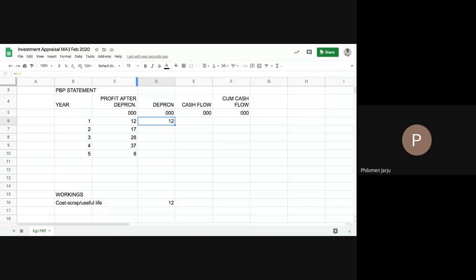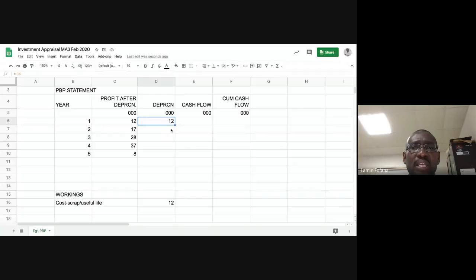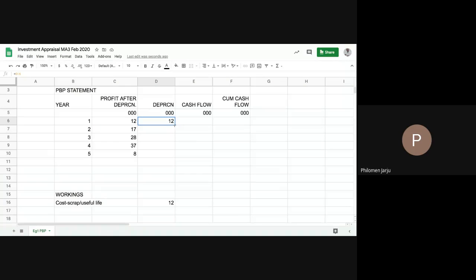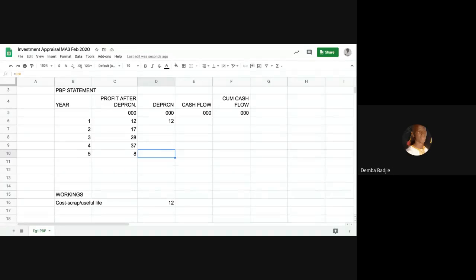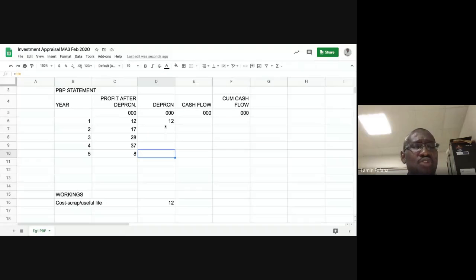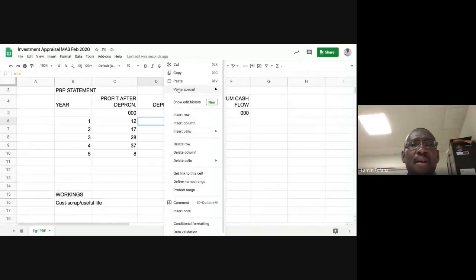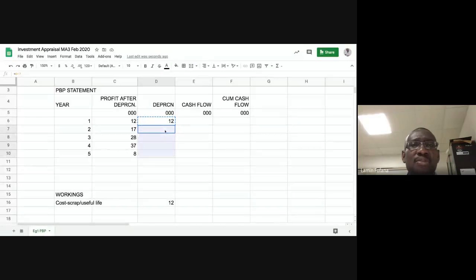Click on the bottom right corner of the cell, then you drag. Yes, I've dragged, but it's giving me empty space. I'll copy and paste, but if I do that also, it's giving me nothing.